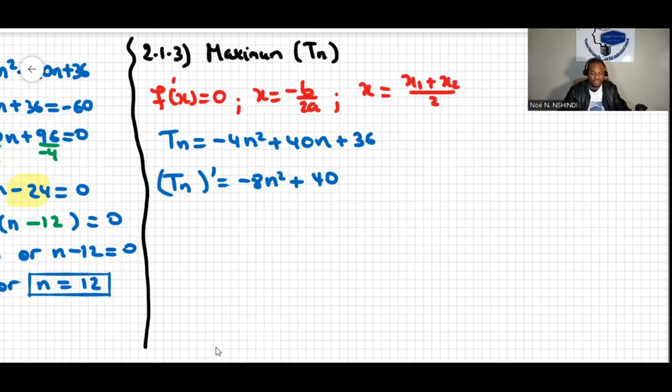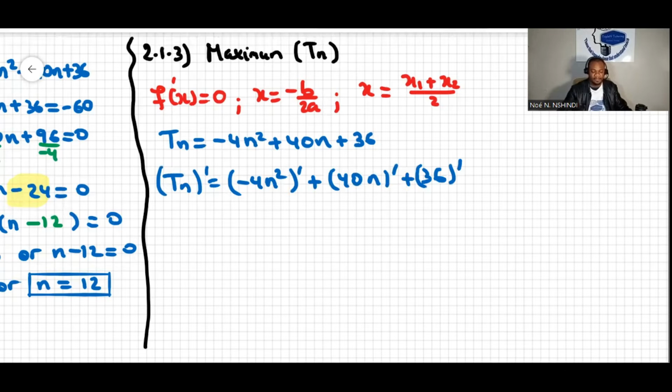You remember the laws of differentiation. If someone struggles with that, Tn derivative will be equal to negative 4n squared derivative plus 40n derivative plus 36 derivative. We differentiate the whole function.